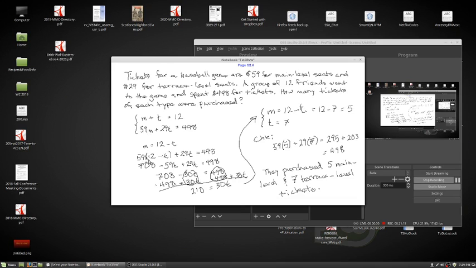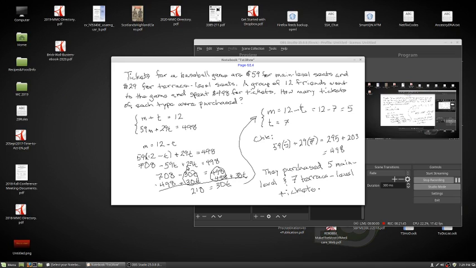We get 59 times the quantity 12 minus T plus 29 times T is equal to 498. If we distribute this 59 over the 12 minus T, we get 708 minus 59T plus 29T is equal to 498.